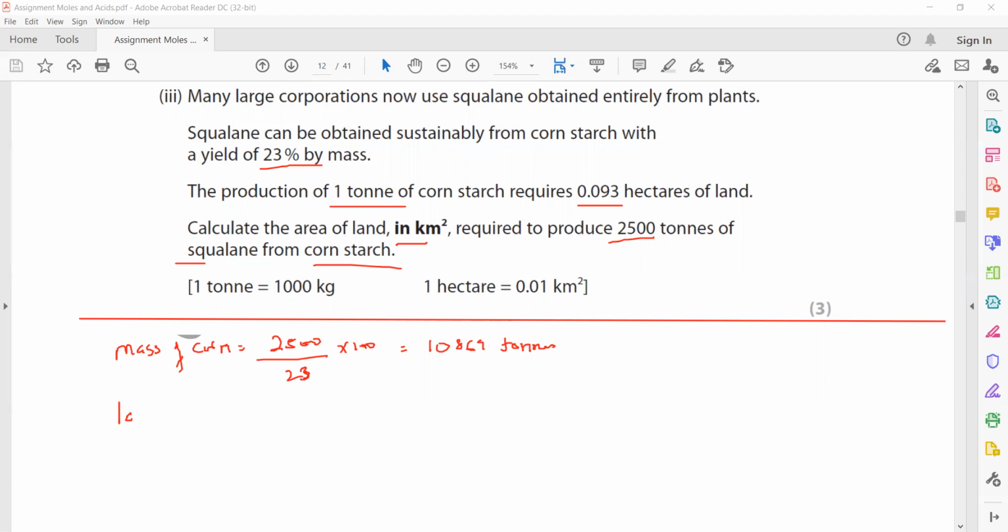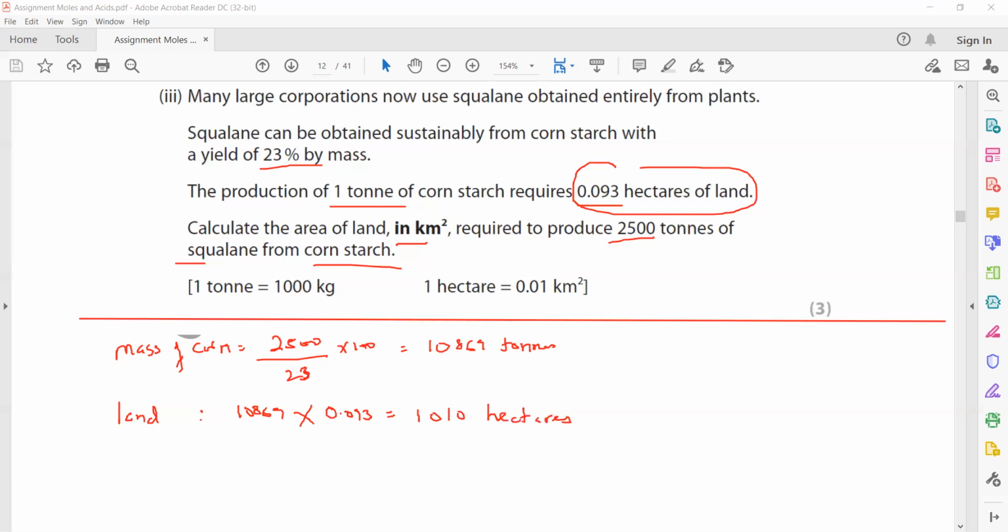Then the total land which we need. So 10,869 tons. As you can see here, they mention that to produce 1 ton we need this many hectares of land. So 10,869 multiplied by 0.093 will give the total land in hectares. So this will come out as 1010 hectares.